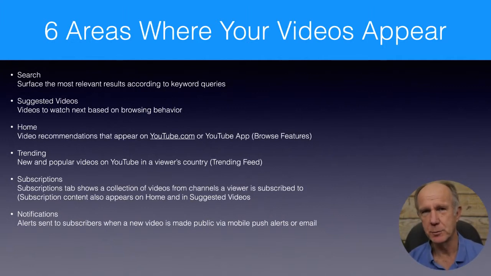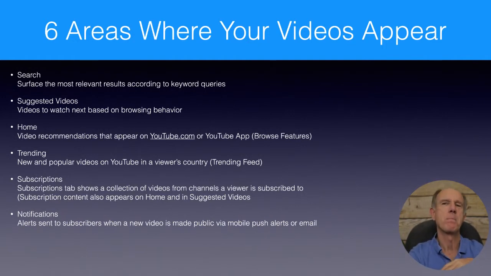And then you've got your subscription. So you've got this on the left side of your YouTube channel homepage, the subscriptions tab, and that shows the collection of videos from channels you're subscribed to. And the videos from the channels you're subscribed to will also appear on the home screen and in suggested videos.